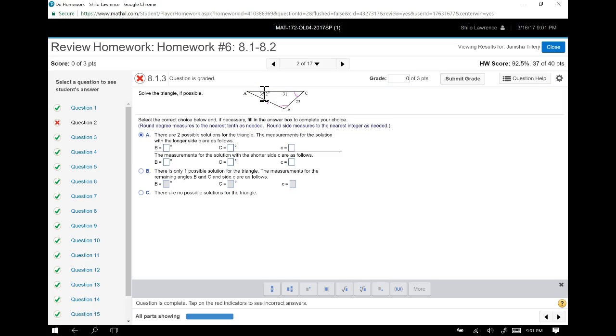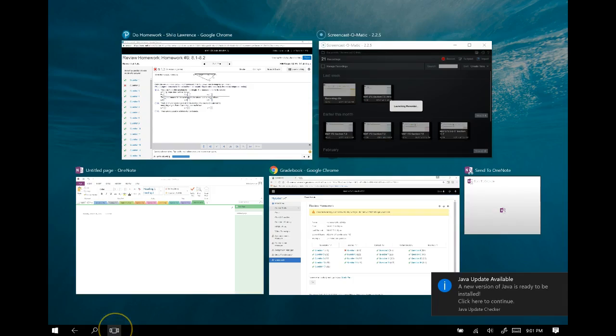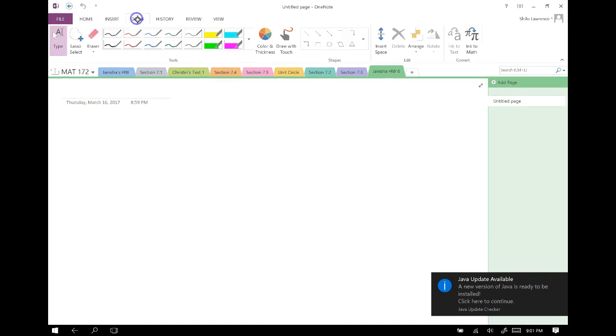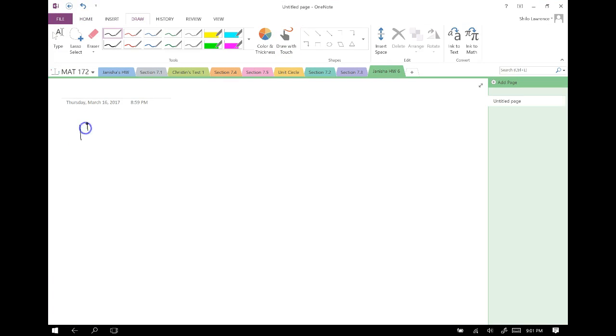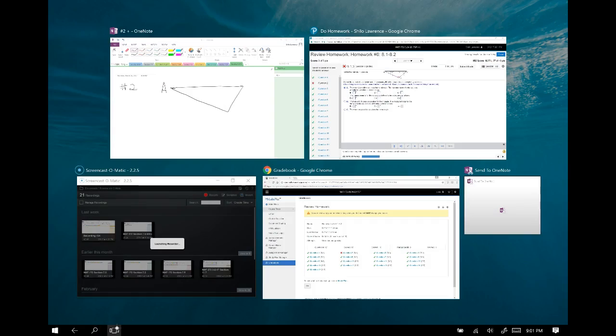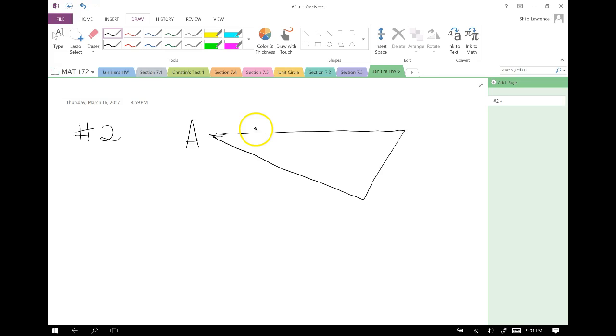So let me get this copied over. So that's how they've got their angles labeled.